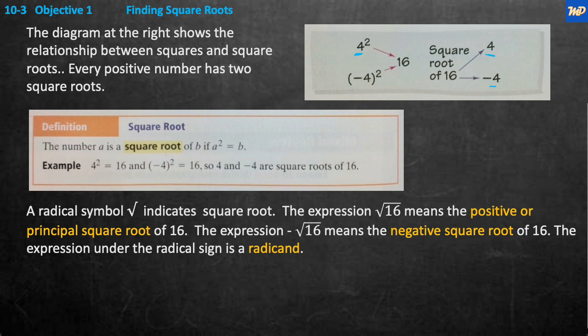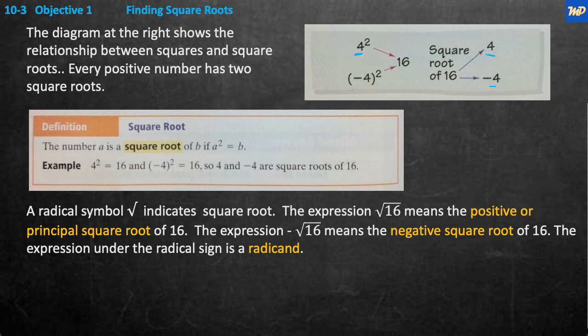Okay? The definition, square root. We've done this before. The number a is the square root of b if a squared is equal to b. So that's like saying it right here. If we look here, the number a is the square root right here, the 4.